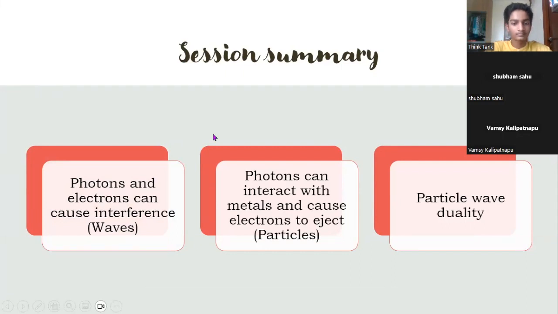Yet light also interacts with metals in a way that a particle would, so we can say that it's also a particle. But in actuality, light contains both these properties, and this is called wave-particle duality.